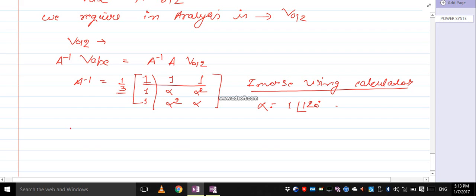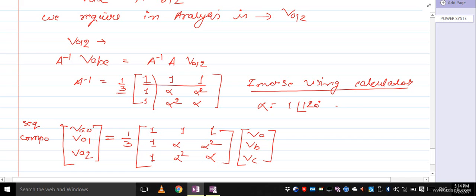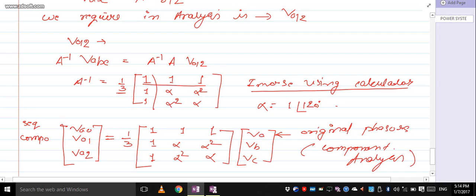So from there we get the sequence components VA0, VA1, VA2 equal to 1 upon 3 times the matrix 1, 1, 1; 1, alpha, alpha square; 1, alpha square, alpha, multiplied by VA, VB, VC, which are your original phasors. And this is your component analysis.